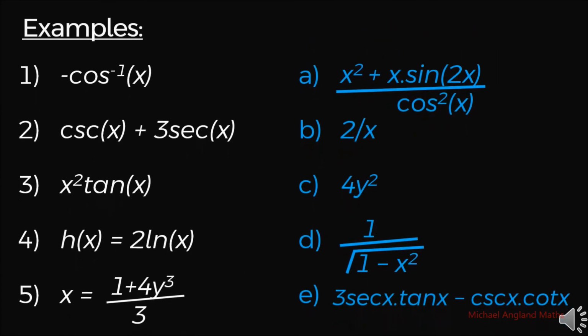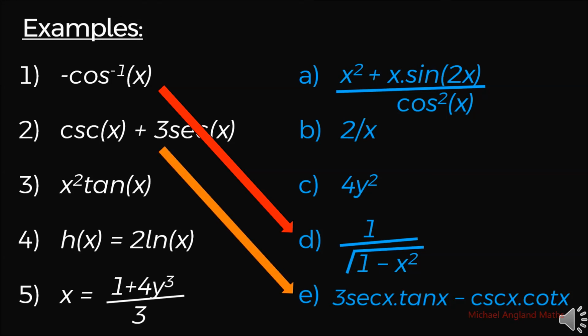So in conclusion, just to look back at our index card, we had 5 examples. 1, which was minus cos inverse of x, linked up with d, 1 over root of 1 minus x squared. Number 2 was cosec x plus 3 sec x. That linked up with e, 3 sec x tan x minus cosec x cot x. Number 3, x squared tan x.